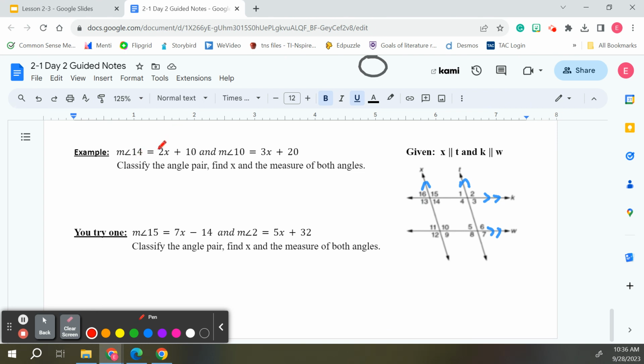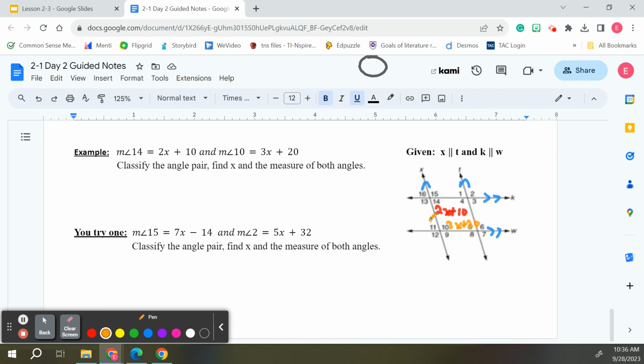So 2x plus 10 is angle 14, right here, and angle 10 is 3x plus 20. If these are the parallel lines, this is the transversal.